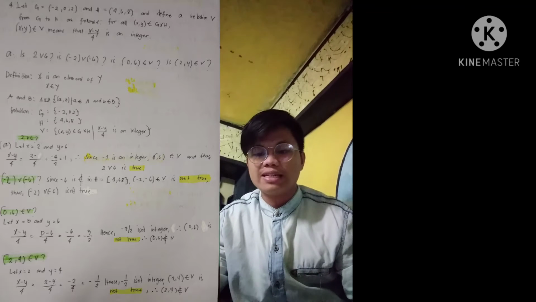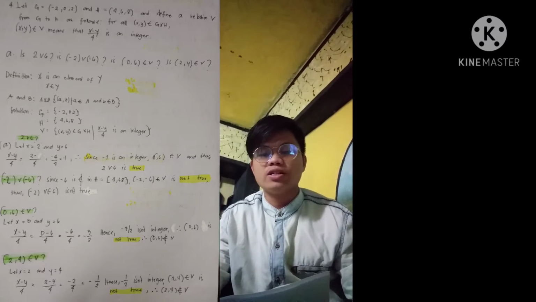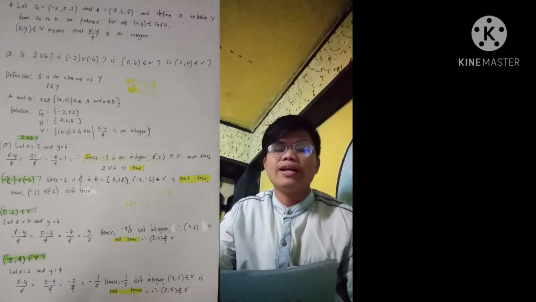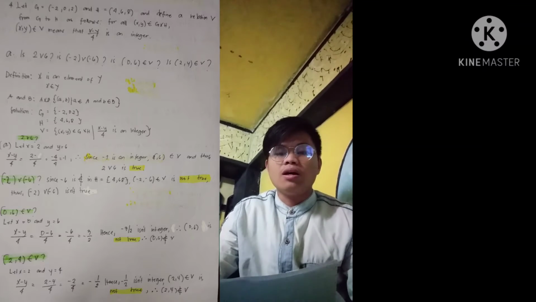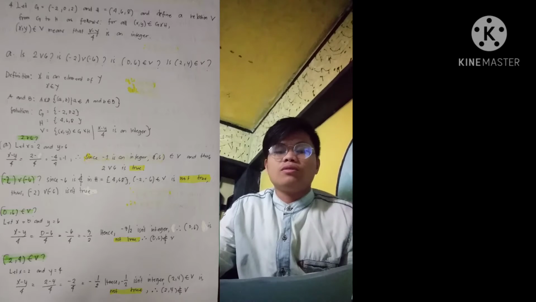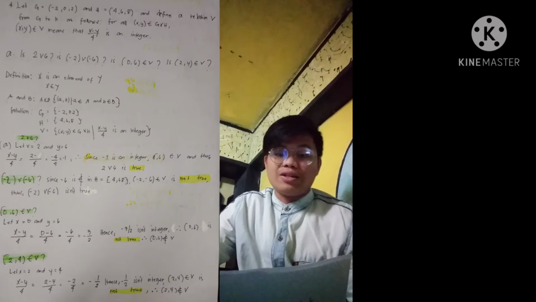Let J equals negative 2, 0, 2 and H equals 4, 6, 8, and define a relation V from J to H as follows. For all (x, y) an element of J times H, (x, y) is an element of V means that, by this statement, (x minus y) over 4 is an integer.